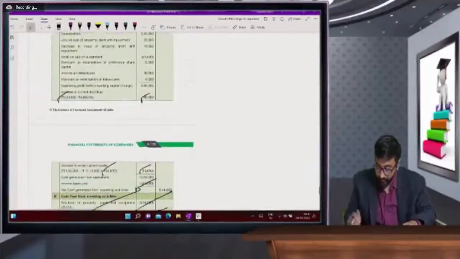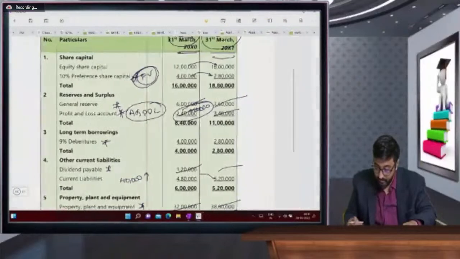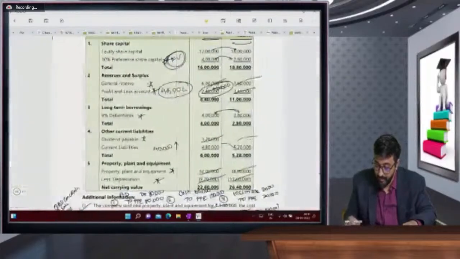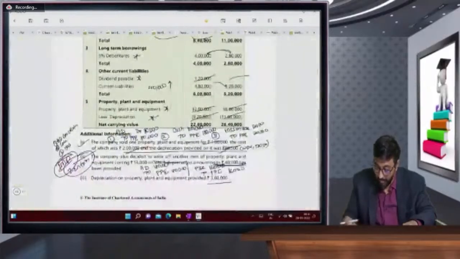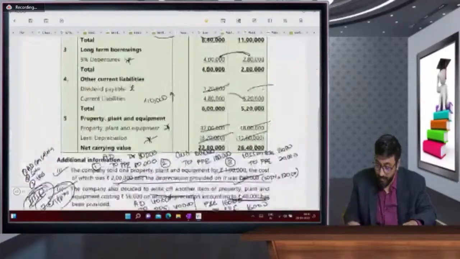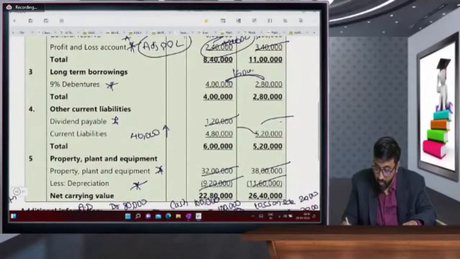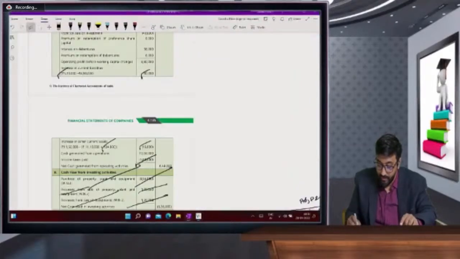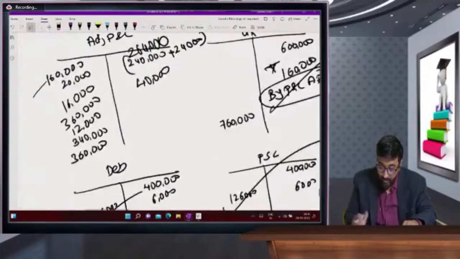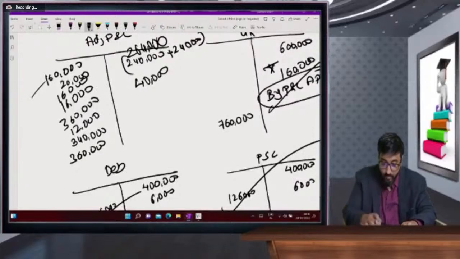But interest, we will assume it is redeemed on the last day, at the year end. So beta interest is 16,000 and hidden. So interest paid 16,000 and P&L के debit में भी 16,000. So minus 16. I'm getting 9,80,000.